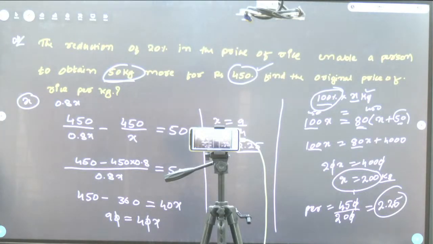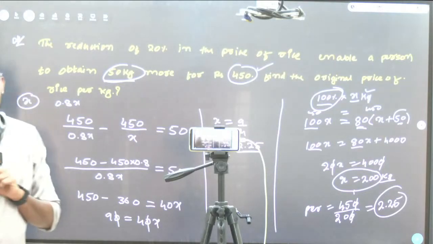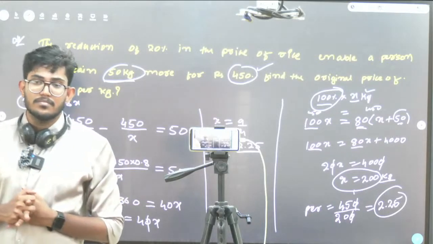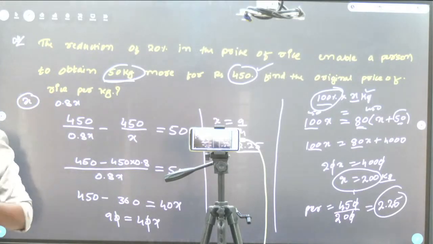What is the original quantity of sugar? Here we are not asking the price, we are asking what is the original quantity of sugar. Do the same type in your answer book.